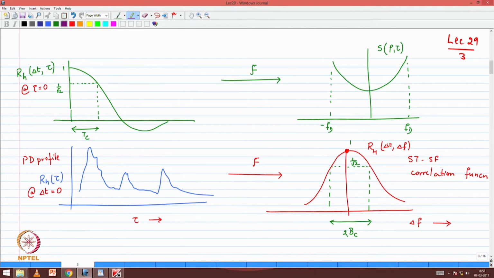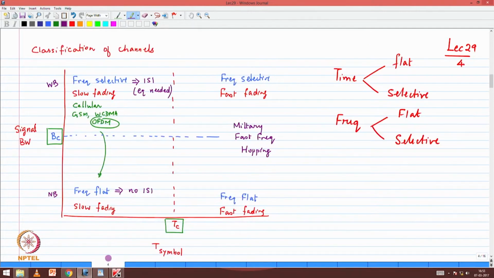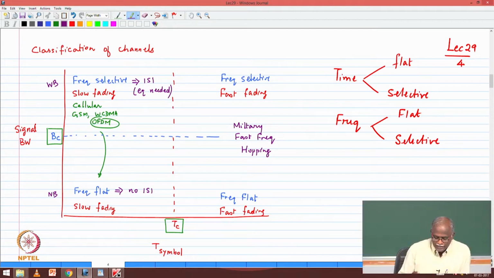The same autocorrelation function, if you set delta t to be 0, gives us a power delay profile, which tells you about the dispersive behavior of the channel, which then leads us to a transform which tells us what the coherence bandwidth is. Using these two parameters, the coherence time and coherence bandwidth, we did a 4-quadrant classification of channels.